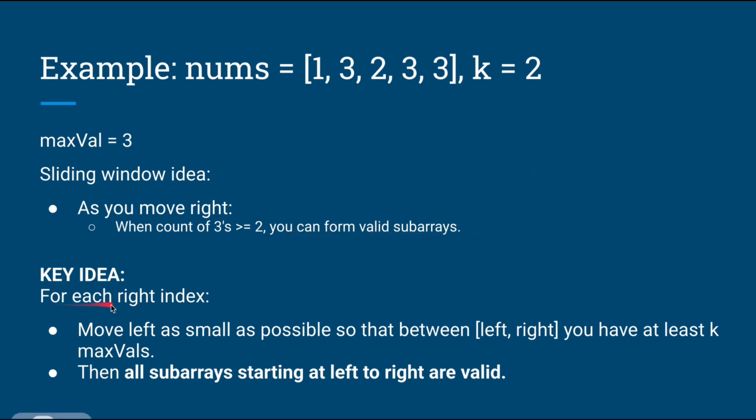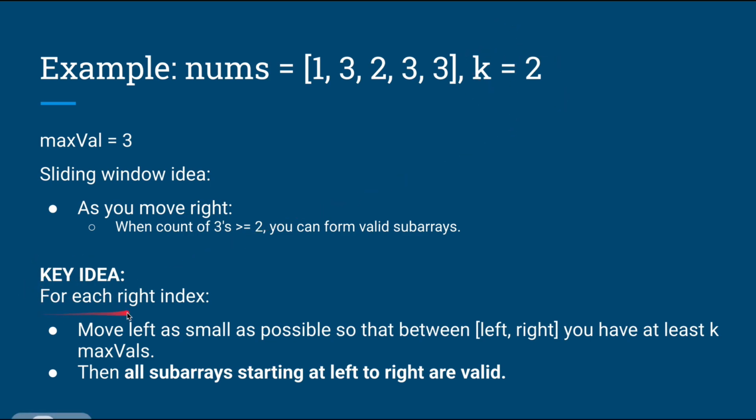So for each right index, we'll move left as small as possible, so that between left and right you have at least k times the max value. Then all the subarrays starting from left to right are valid. Means first of all our idea is to find the max value. If the max value is there and it is greater than or equal to 2, or k, means we can perform it, right?